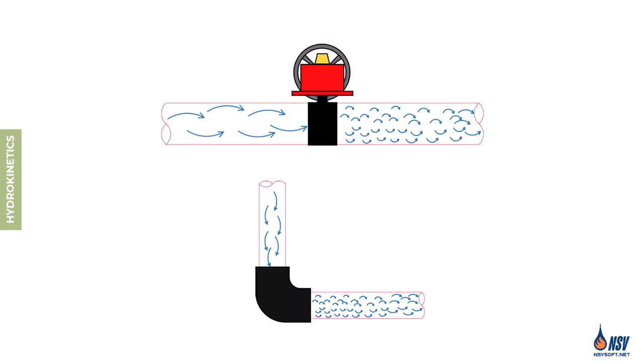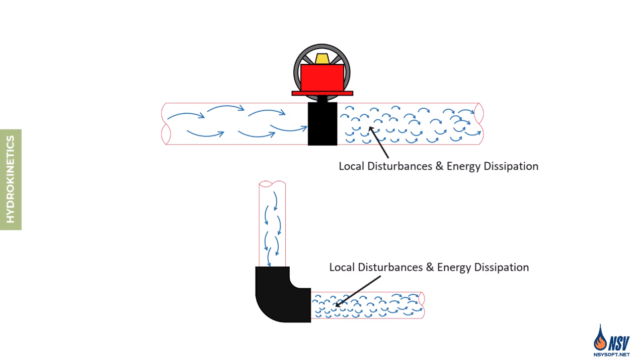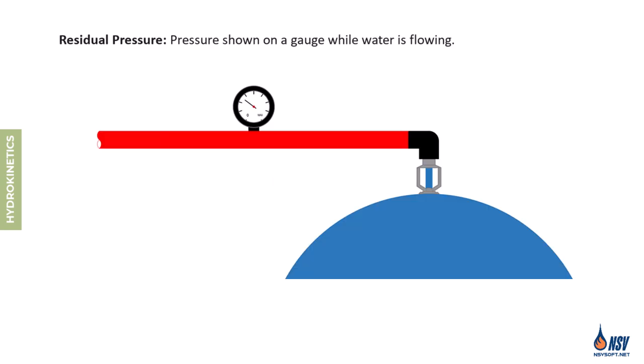Additional pressure loss occurs when the water passes through fittings, valves, or changes direction, introducing local disturbances and energy dissipation beyond the normal friction loss. The pressure that remains after these losses is called residual pressure, and it's what the gauges display during flow conditions.